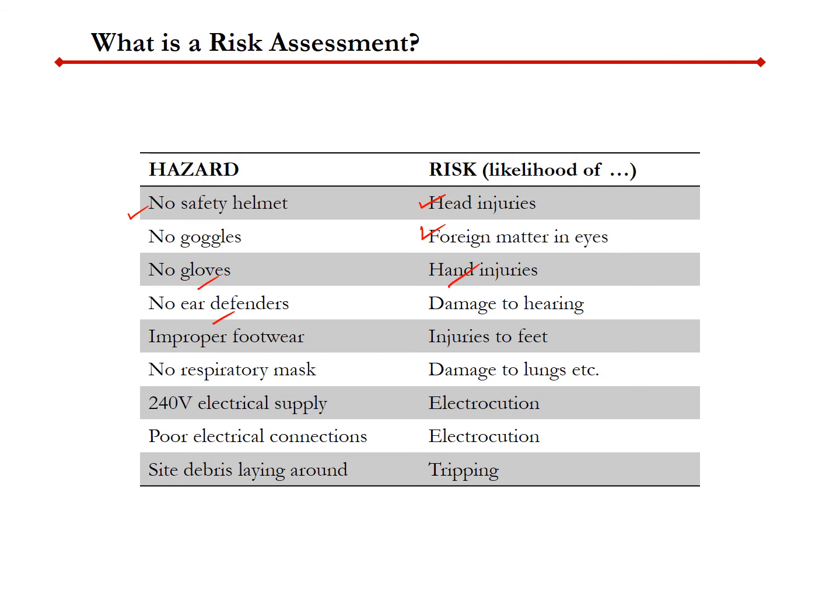No ear defenders could lead to damage to hearing. Improper footwear could lead to injuries to the feet. No respiratory mask, damage to lungs, etc. A 240 volts electrical supply could lead to electrocution, poor electrical connections could lead to electrocution, and debris lying around could lead to tripping hazards. It could trip and fall. So basically, all these are the likelihood of all this happening. It's called the risk.